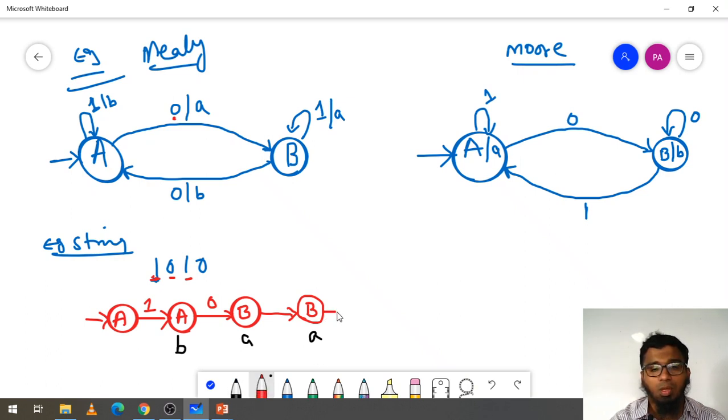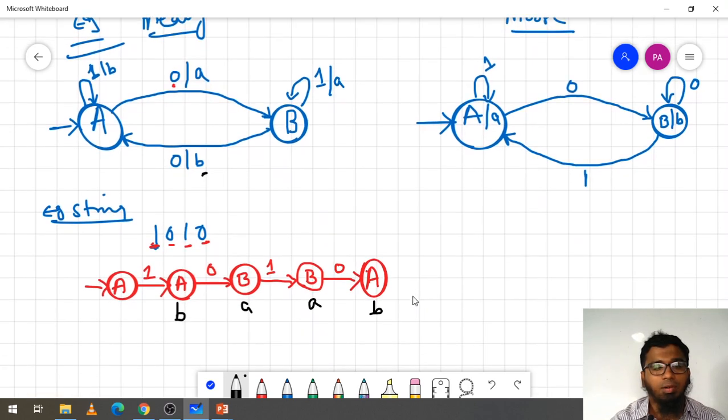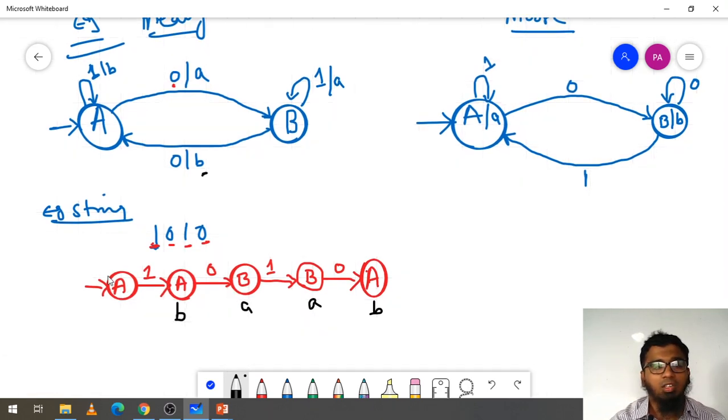Next, from B on 0, it is going to A, and what is the output we are getting here? The output is B. Okay, so this one is the answer for the Mealy machine.